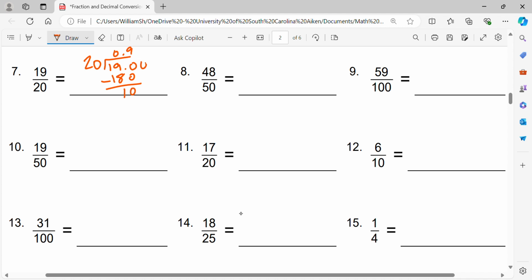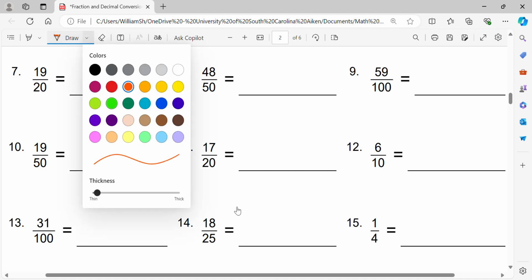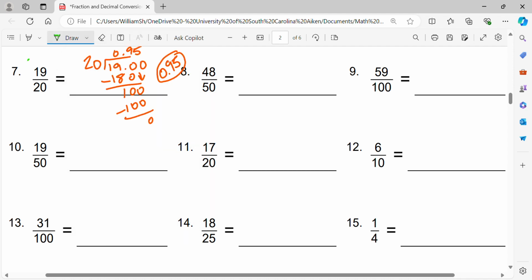We don't want a remainder of 10, so we need to add a 0 and bring it down. 20 goes into 100 5 times. 5 times 20 is 100, which gives us the remainder of 0, which gives us our answer of 0.95 for number 7. That one was a little more difficult, but easily doable with a simple division.